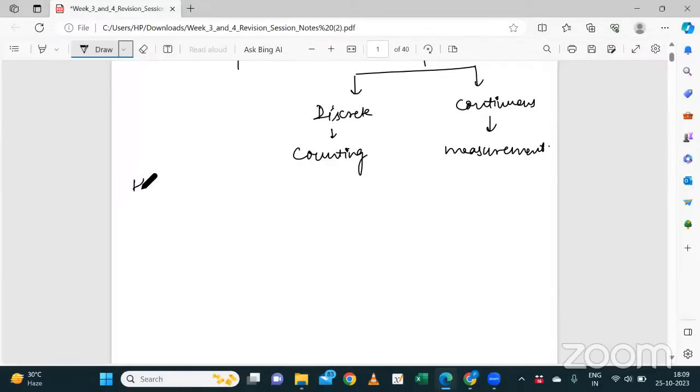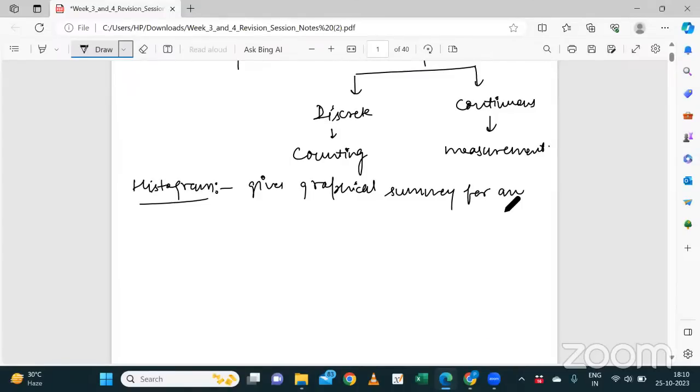A histogram is a very appropriate graphical summary for continuous data. Are you familiar with the histogram, with X and Y axes?